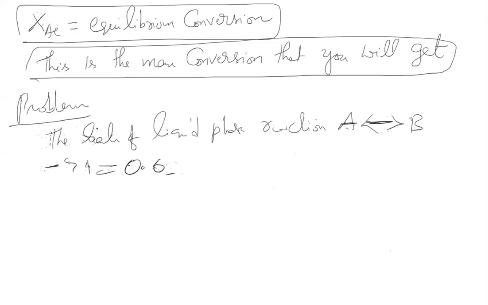Calculate the residence time for 60% conversion of A in a CSTR. Clear? The rate of liquid phase reaction A reversible B is minus RA equal to 0.02 CA minus 0.01 CB. Calculate the residence time for 60% conversion of A in a CSTR. Got it? Any questions, everybody?